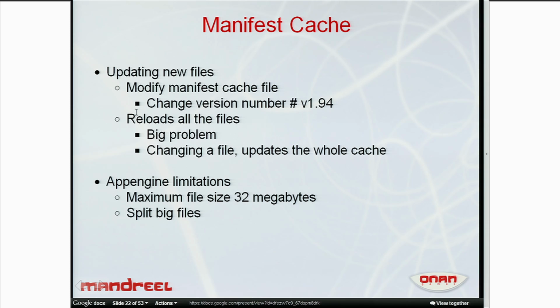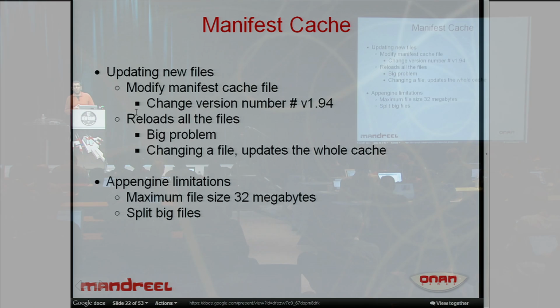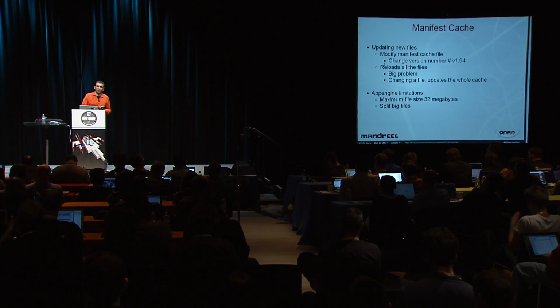That was quite bad, because sometimes you only change one script, and the user had to download the whole game. In the case of this 300 megabytes game, it was quite bad, because we just wanted to tweak something, and the user had to download 300 megabytes.